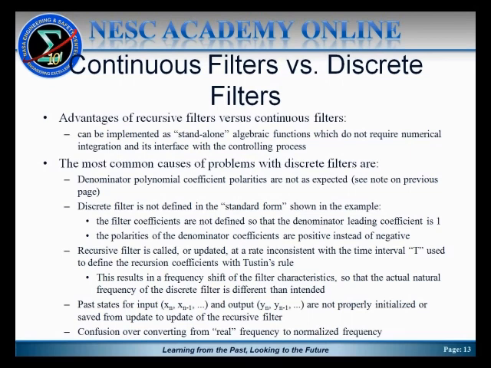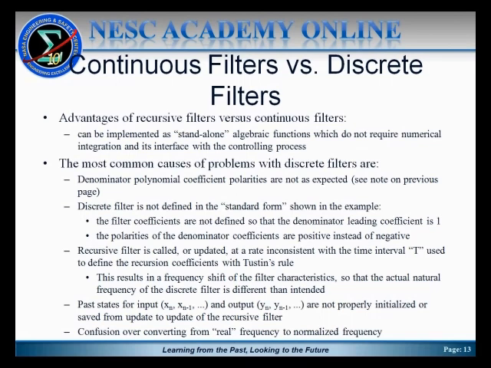Either the leading coefficient in the denominator was not a 1. In other words, instead of 1 minus b1 z to the minus 1, it was something like b0 minus b1. So make sure you understand how it was given. Also, as described earlier, if the polarities in the denominator don't include that assumed value of minus 1 on them, you can have a polarity mistake in your denominator, and that'll wreak havoc on your recursive filter as well.